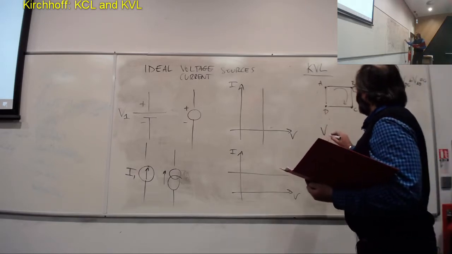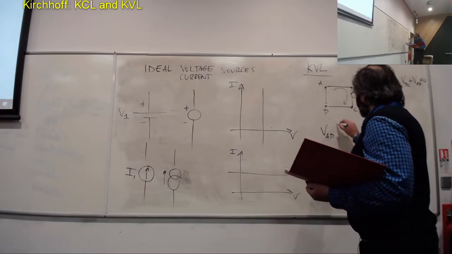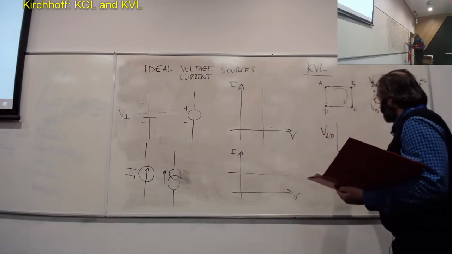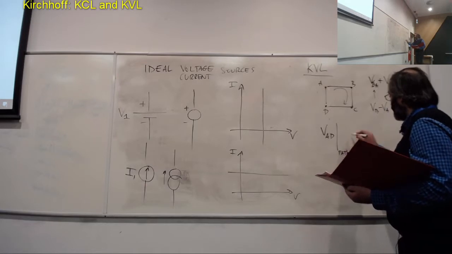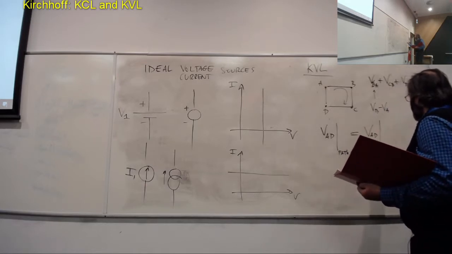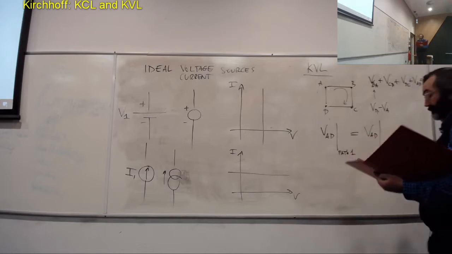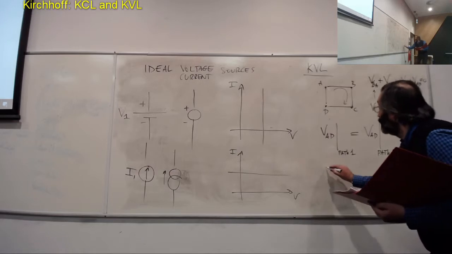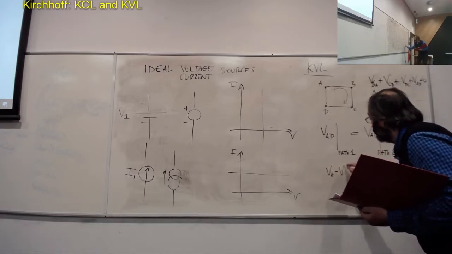So VAD along a certain path, let's say path 1, has to be equal to VAD along another path, which here we could say corresponds to VA minus VD.